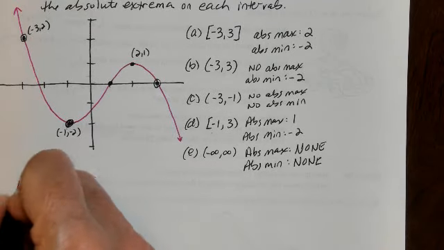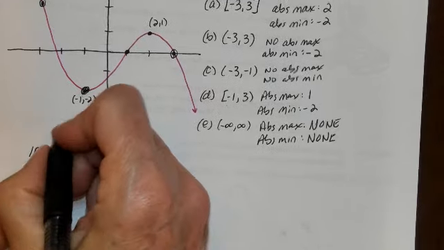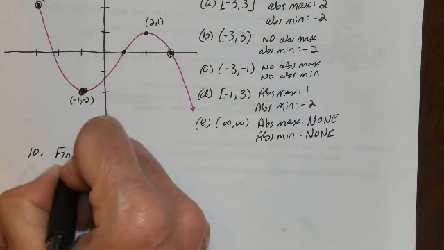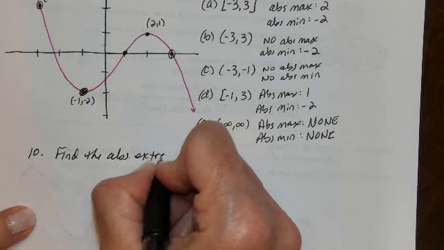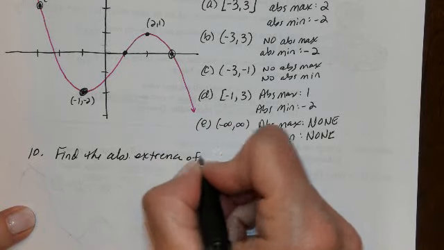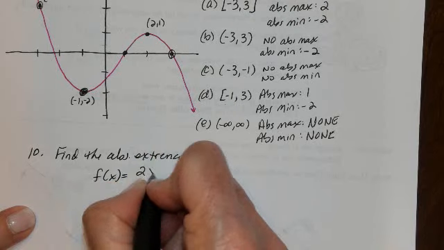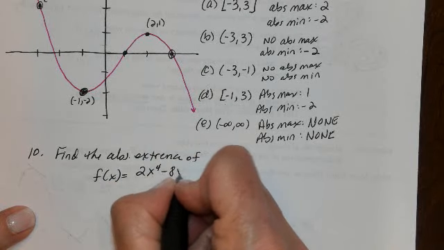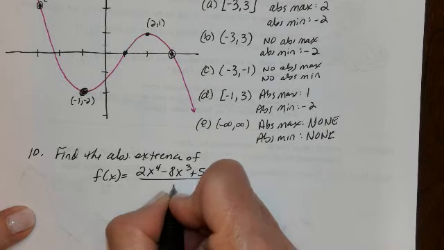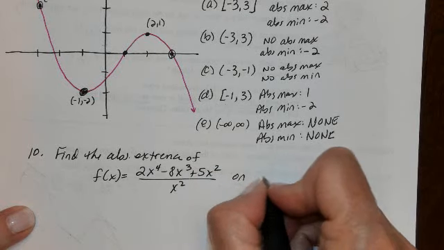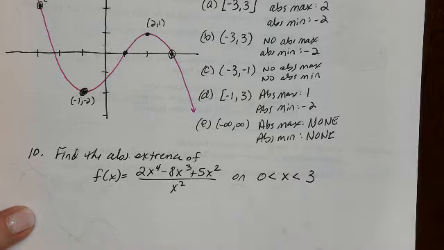One more example on absolute mins and maxes. Find the absolute extrema of f of x is equal to 2x to the 4th minus 8x cubed plus 5x squared, all divided by x squared, on the interval from 0 to 3.